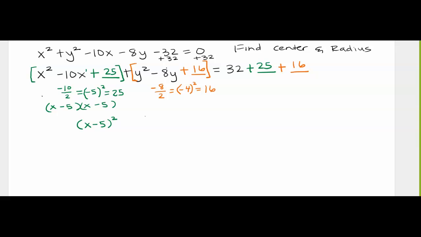But notice that whatever half of my middle term is, that negative 5, that is what I'm going to be putting in here. And that's always the case. Okay, let's look at the orange brackets now.